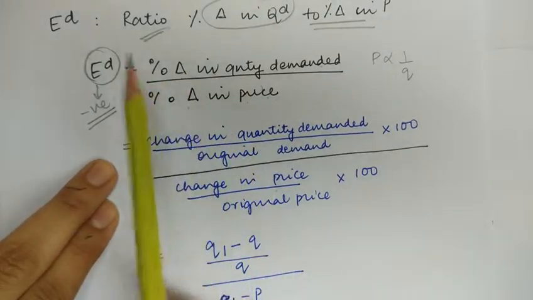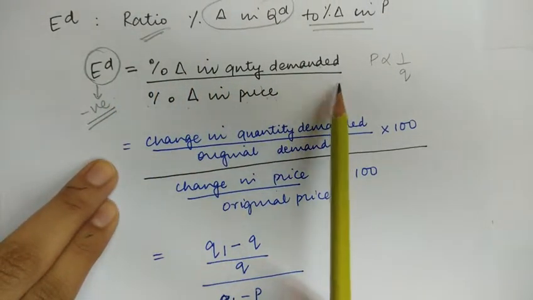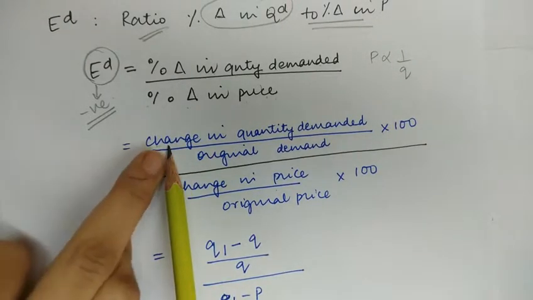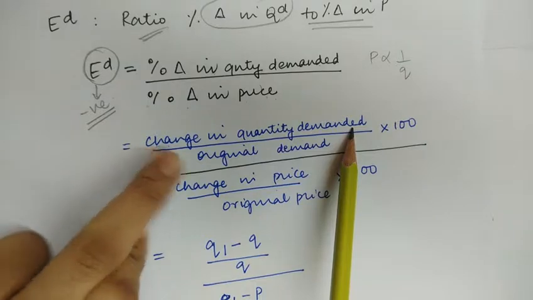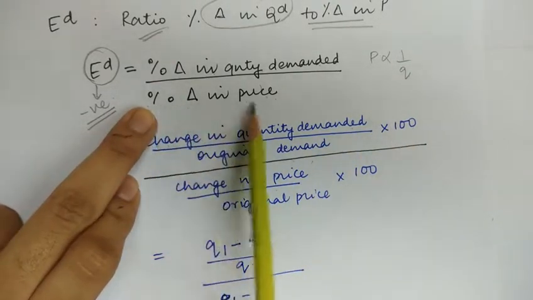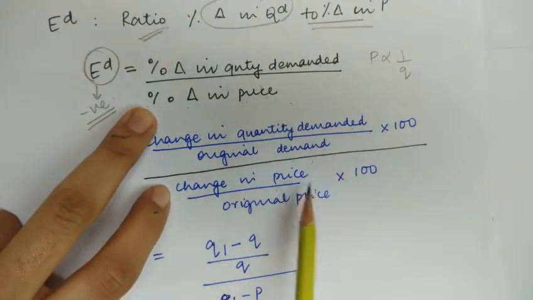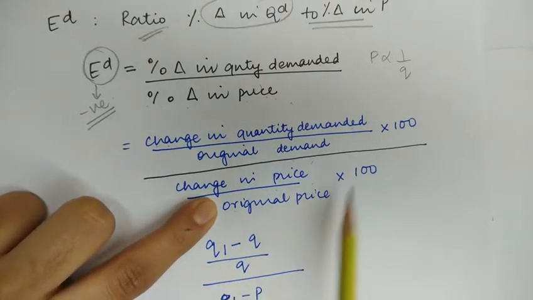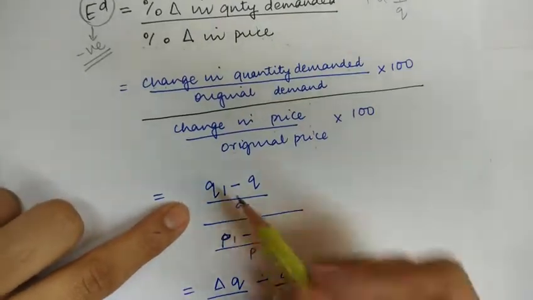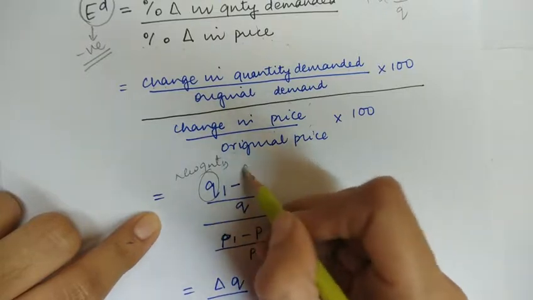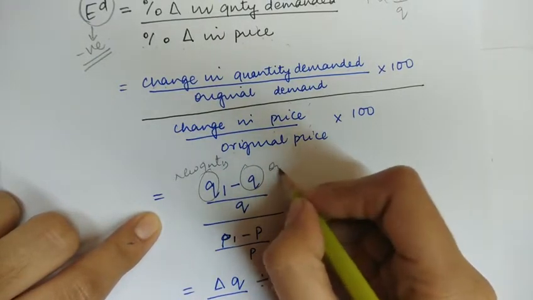So when we measure the percentage change in quantity demanded, that is equal to change in the quantity demanded upon original demand into 100. What is percentage change in price? It is change in the price upon original price into 100. Now this is the new quantity. This is the original quantity before the price change.